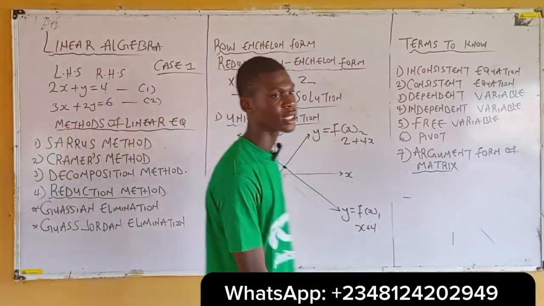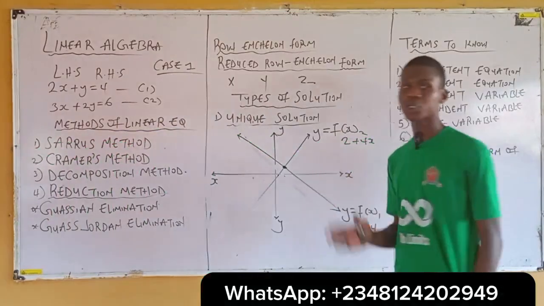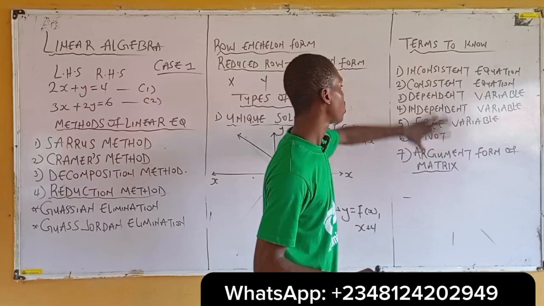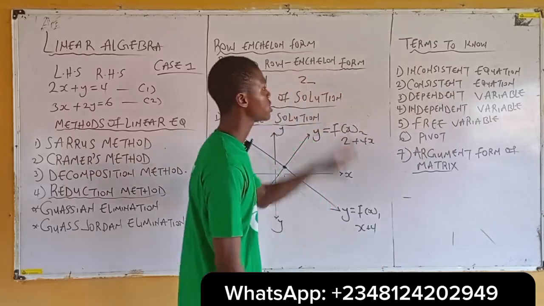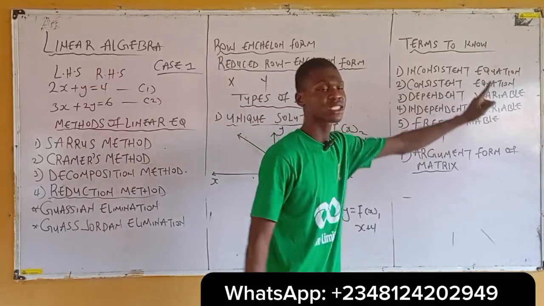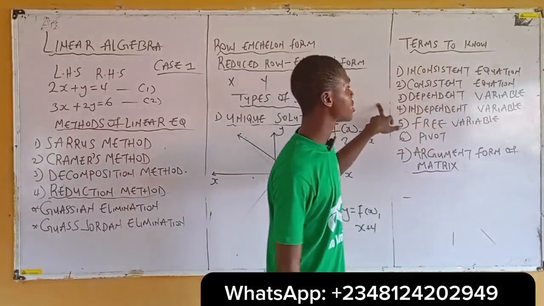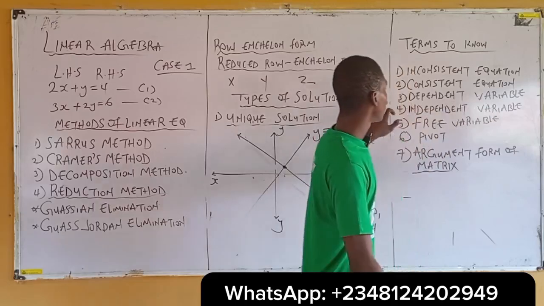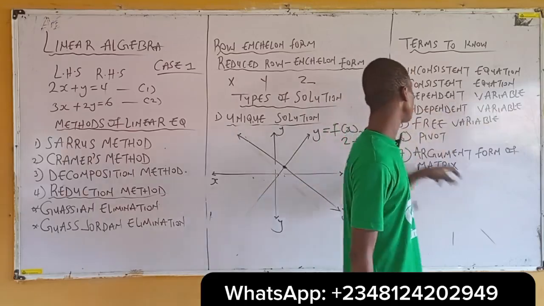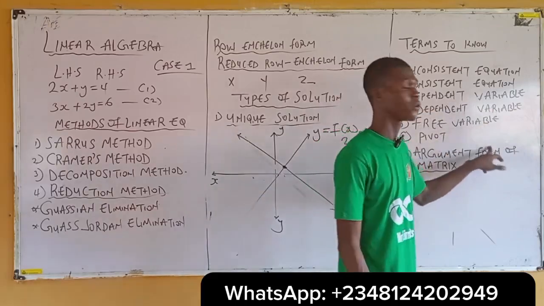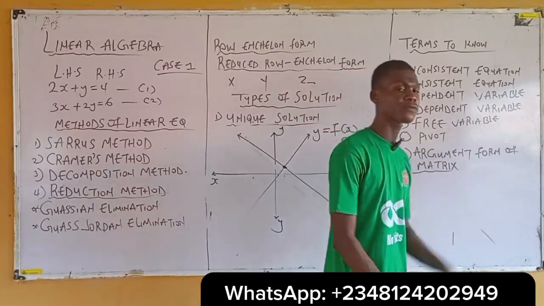The first one is that we must understand all these terms. The first one is inconsistent equation. Number 2 is consistent equation. Number 3 is dependent variable. The fourth one is independent variable. The fifth one is free variable. The sixth one is pivot. And the last one is augmented form of matrix.